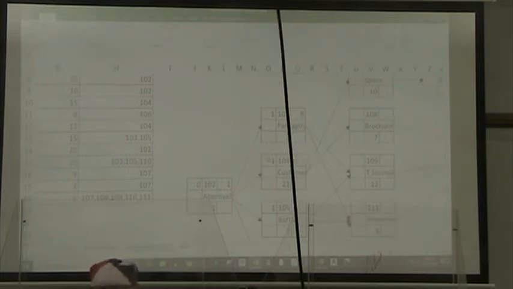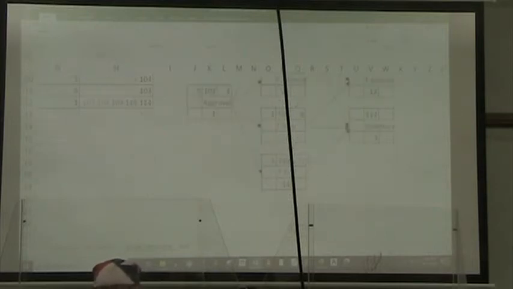Equals early start plus duration, equals early start plus duration, equals early start, let me get it up higher so you can see, plus duration. All right.